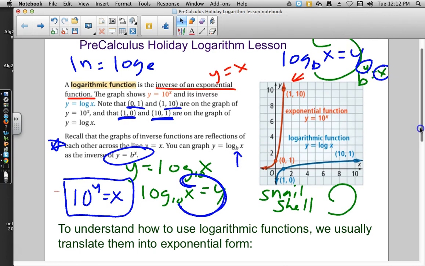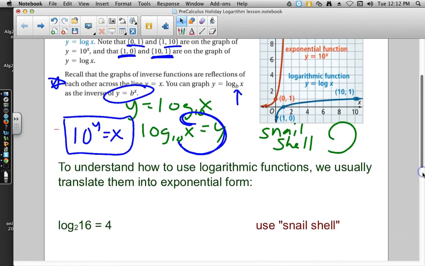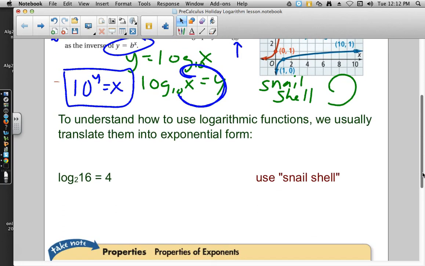So now, that's how logarithms have really come to be. Logarithms are about undoing those exponential powers, unknown exponential powers. And so to understand how to use logarithmic functions, we have to translate those into an exponential form.